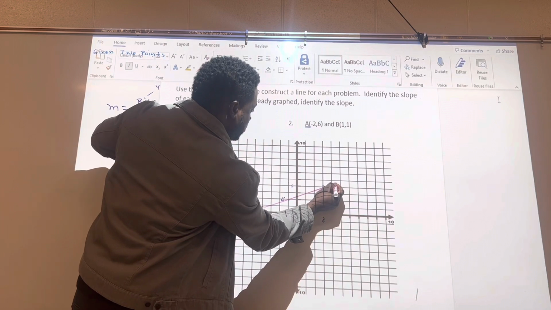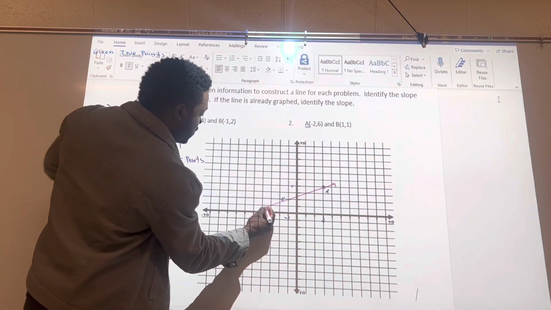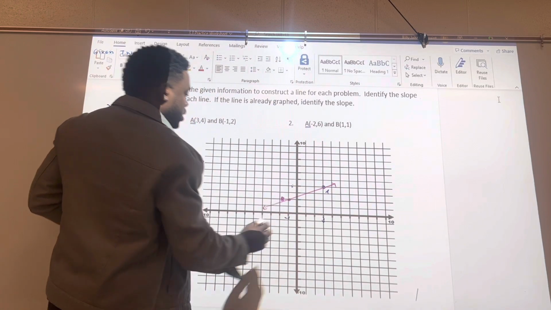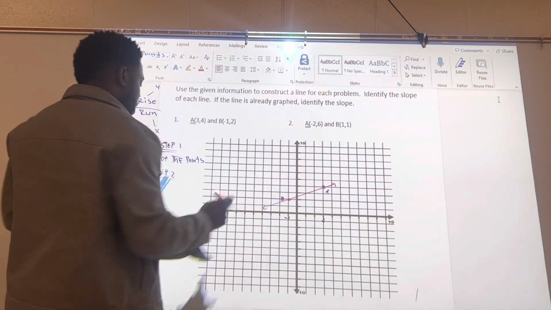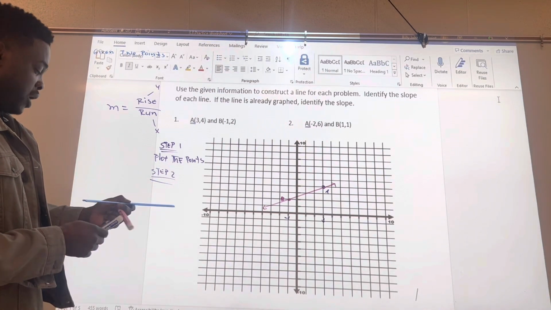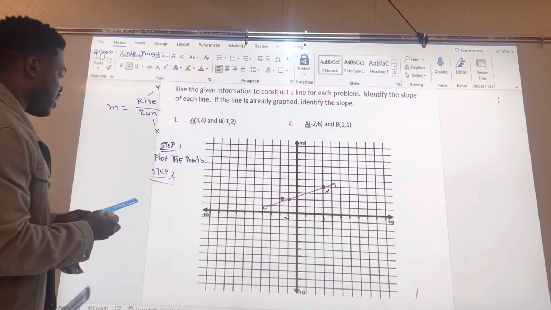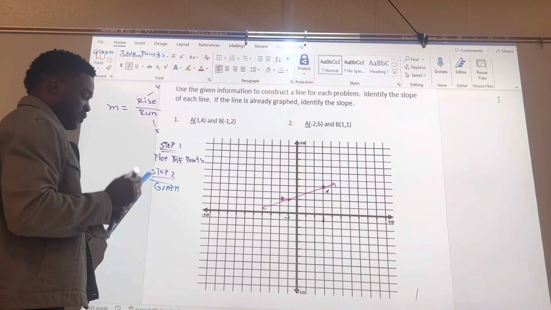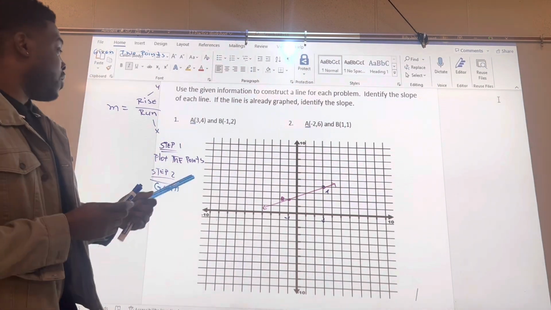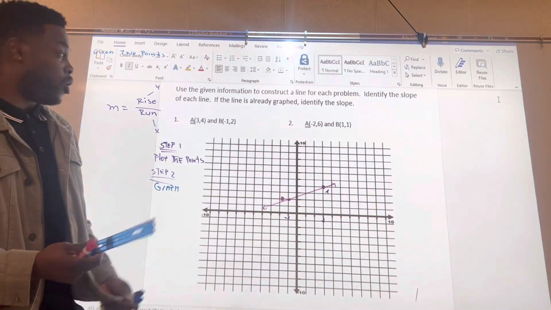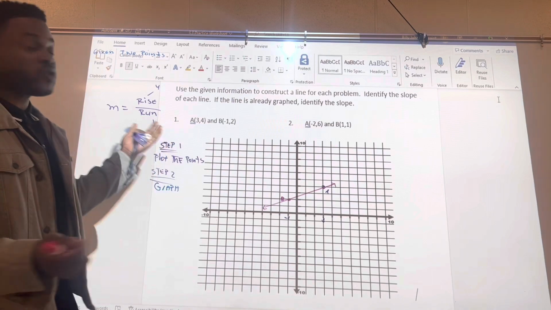If you put the arrows there, it means that it's going in both directions. So this is our point B, and so on. Step 2, we draw a line through the graph. So now we have the graph. We're already done with part 1, the first question.